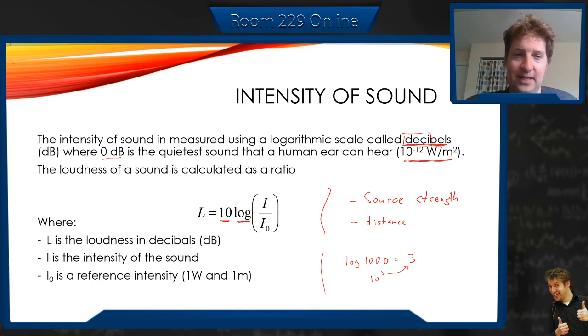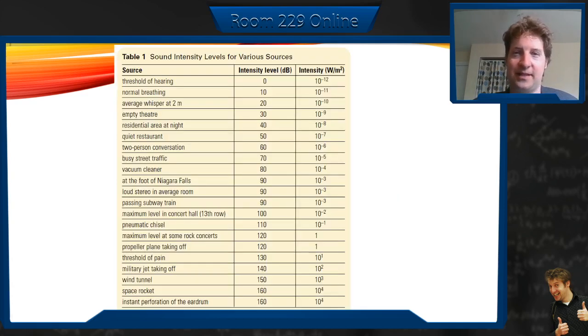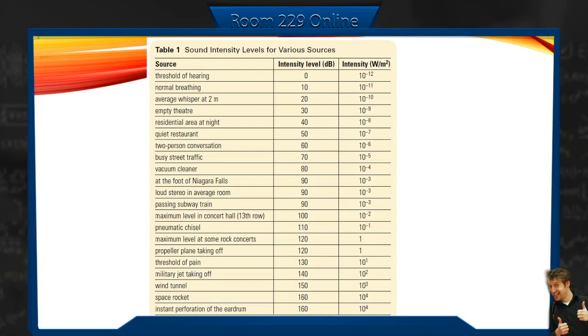Okay, so let's use an example. This is probably a little bit complicated. I haven't done a very good job explaining it, I apologize. So let's see if this table helps us out here. In this table, you can see when we have 10 to the negative 12, that's our 0. Now if you go up to 10 decibels, that's 10 to the negative 11 watts per meter squared.